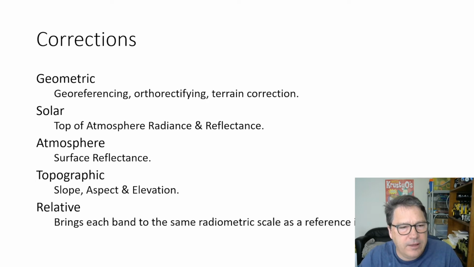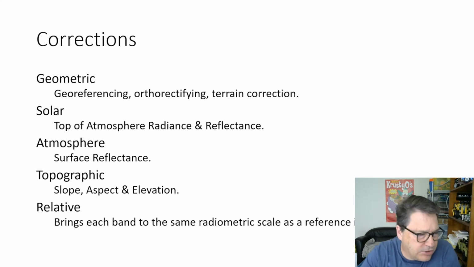And then you have your atmospheric correction, combined with a topographic correction, which accounts for slope: a slope will be either in shadow or in the sun, so there'll be a brightness difference depending on the slope. Removing those effects gives you your surface reflectance, which of course is your key measure.